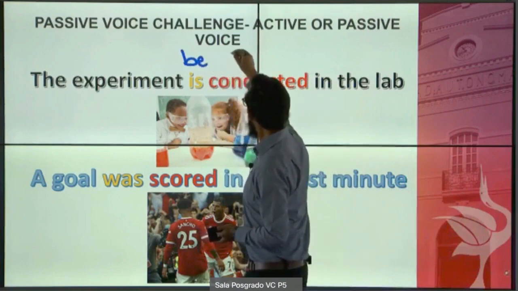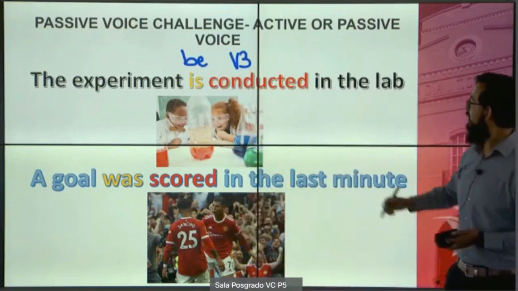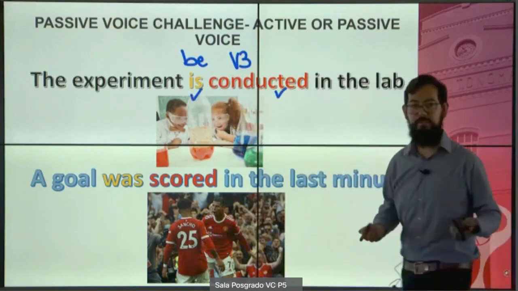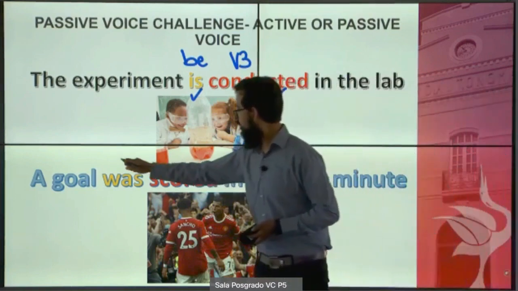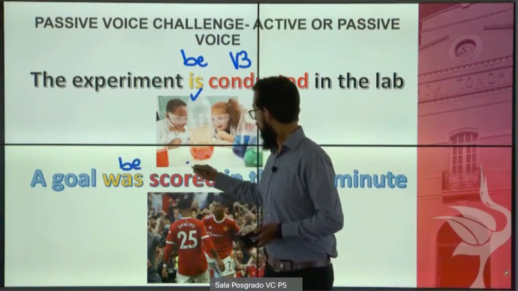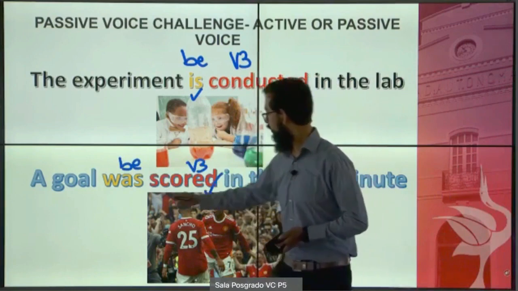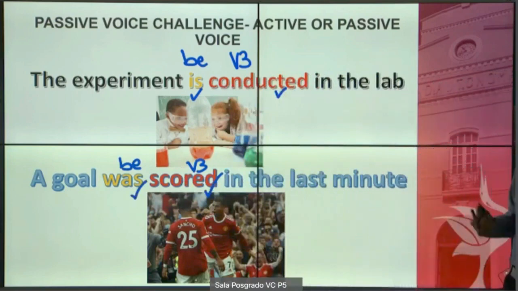Be and verb in past participle. We have a check and a check. It's passive voice. Okay? And the same here. Be in past participle verb. Okay? Check over here, check over here. Okay? Good. Let's continue.